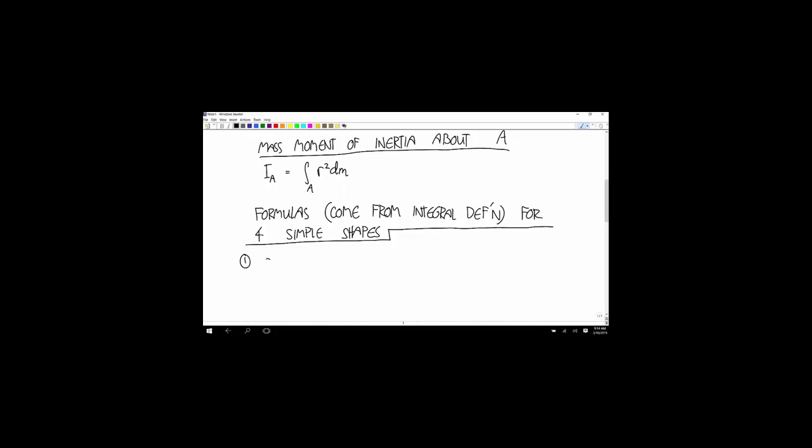Okay, so the first one is a slender rod. This is the only one I got to before. So we're assuming that the thickness, the width, is negligible. The coordinate system we're going to use for all these is centered at the center of mass. Origin's at the center of mass.